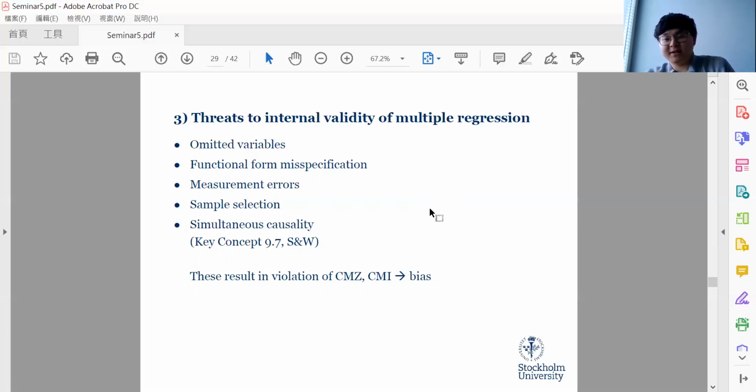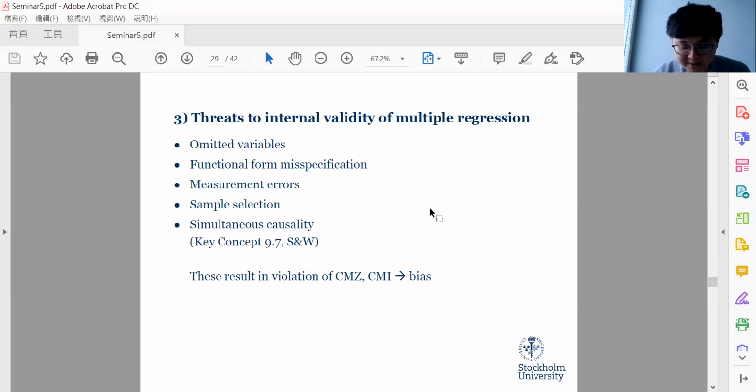So basically, this is the order of writing a term paper and how you think about proceeding with your research topic. Yeah, and now is the review.